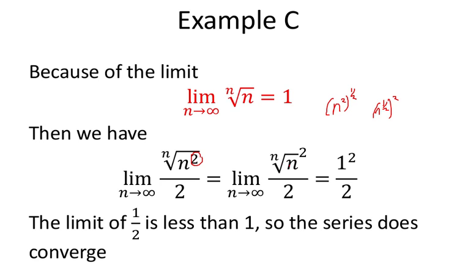And now you have the limit of the nth root of n, which is equal to 1. And it's squared, but it doesn't really matter. And this makes the limit altogether equal to 1/2, which is less than 1. So the series will converge.